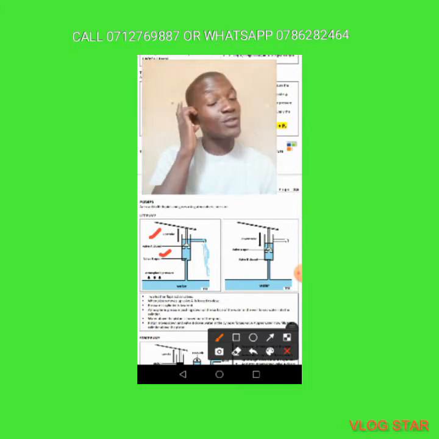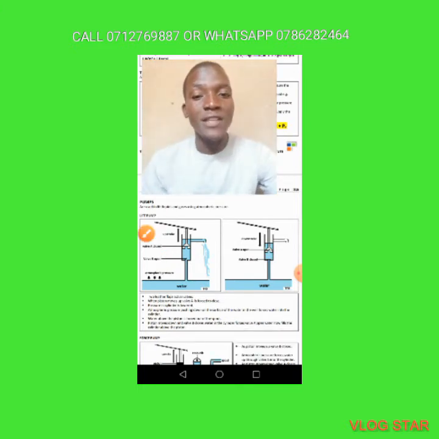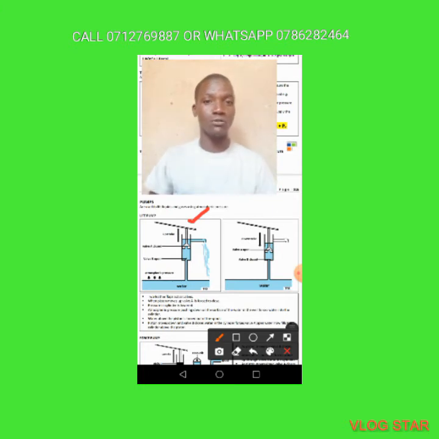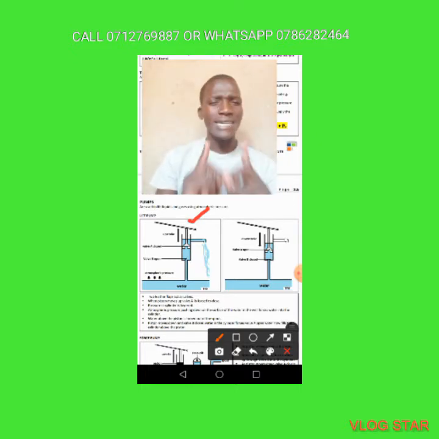As you can see, this one shows the upstroke, so I'm going to explain the upstroke. This is a lift pump. During the upstroke, the piston moves upwards. It is called upstroke because the piston is moving upwards.